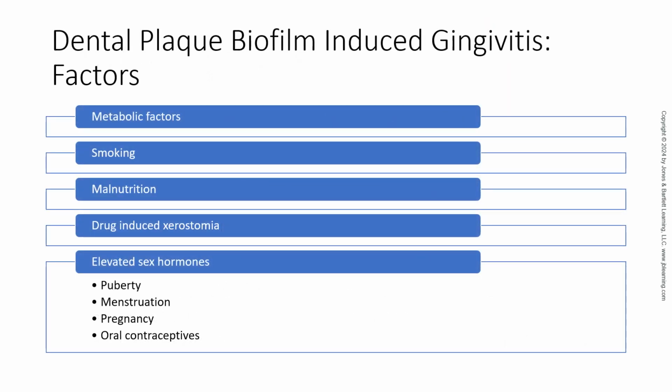Dental plaque biofilm-induced gingivitis factors include metabolic factors, smoking, malnutrition, drug-induced xerostomia like nifedipine, and elevated sex hormones, which include puberty, menstruation, pregnancy, and oral contraceptives.